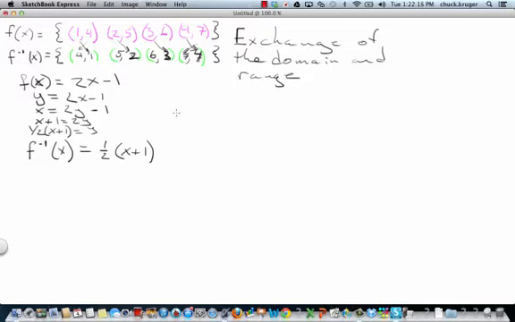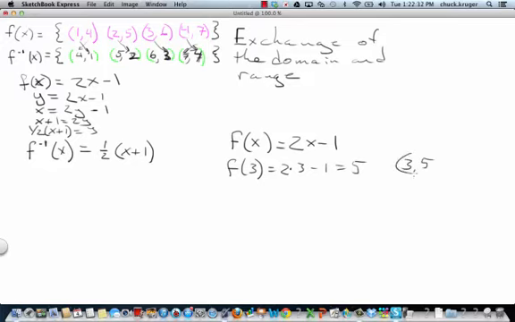And I can put some values in here. If f of x is equal to 2x minus 1, and I put a 3 in here, I have 2 times 3 minus 1, and I get a 5 as an answer. So I have the point 3, 5. And if I put a 7 in here, I have 2 times 7 minus 1, and I get 13. So I have the point 7, 13.